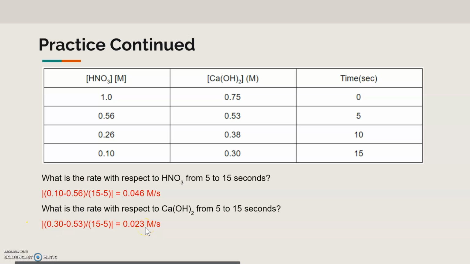We place an initial absolute value sign, open parentheses, and this one is asking us about 5 to 15 seconds, so we place the concentration of CaOH2 at 15 seconds, which was 0.30, minus the concentration of CaOH2 at 5 seconds, which is 0.53. We close the parentheses and divide by the ending time, which is 15 seconds, minus the initial time we're concerned about in this problem, which is 5 seconds. Close the parentheses around the time and place an absolute value sign. Put it into our calculator to obtain 0.023 molarity over seconds.